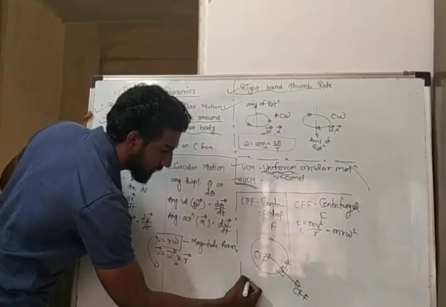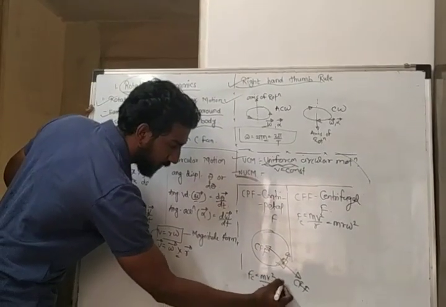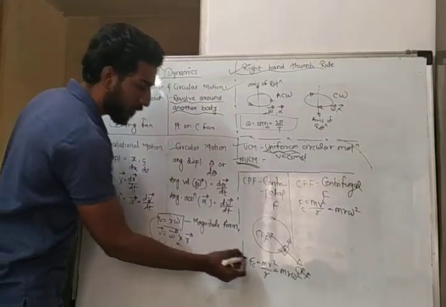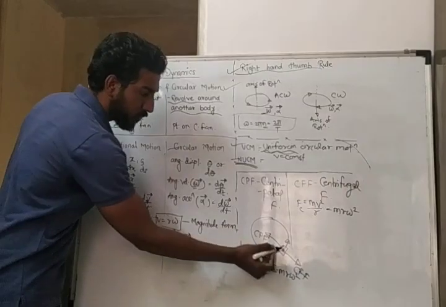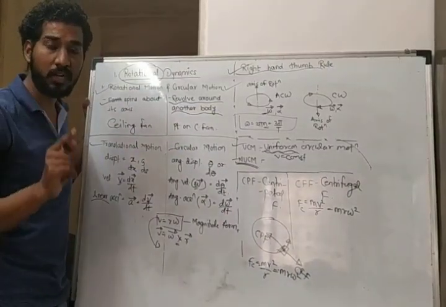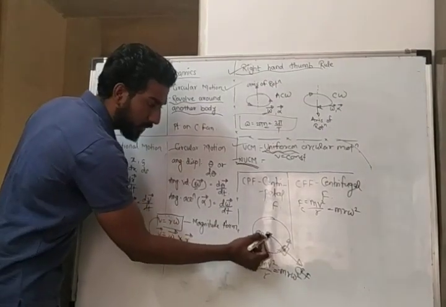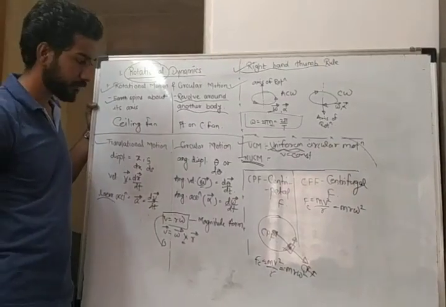The formula will be the same, mv square upon r and m r omega square, but the difference is it will have a negative sign, as this force is moving inward, along the radius vector drawn from that body to the center of that circle or circular motion.